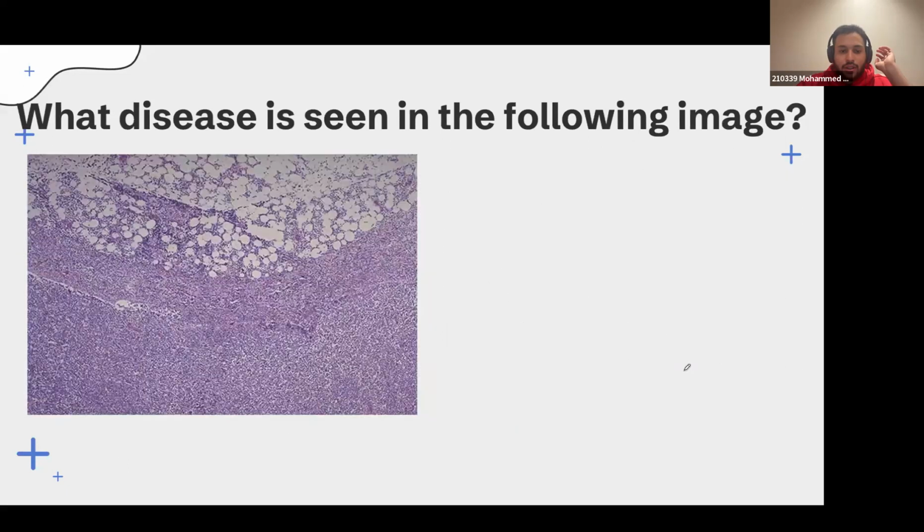Now, can you tell me what this one is? Give you a hint. This is most likely a child. Most likely a child. And they have a mass in the mediastinum.